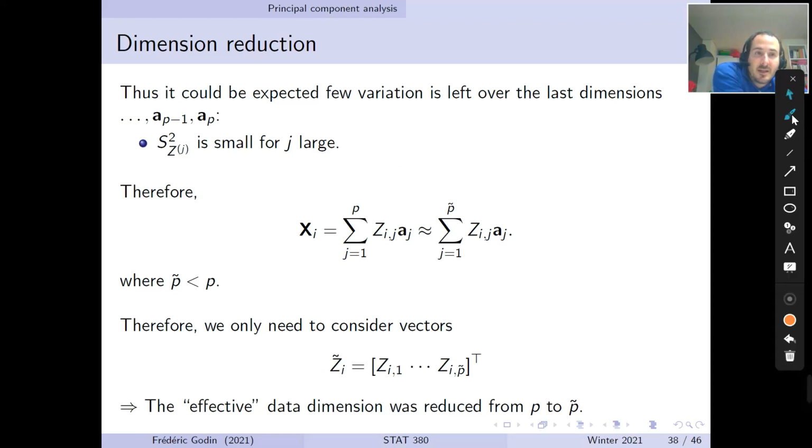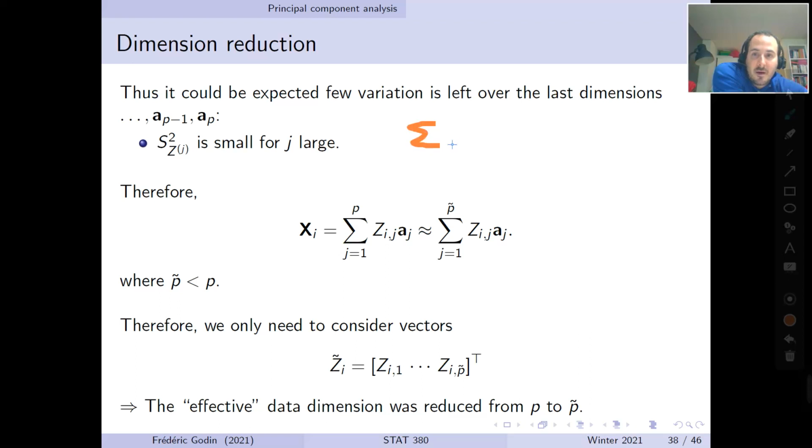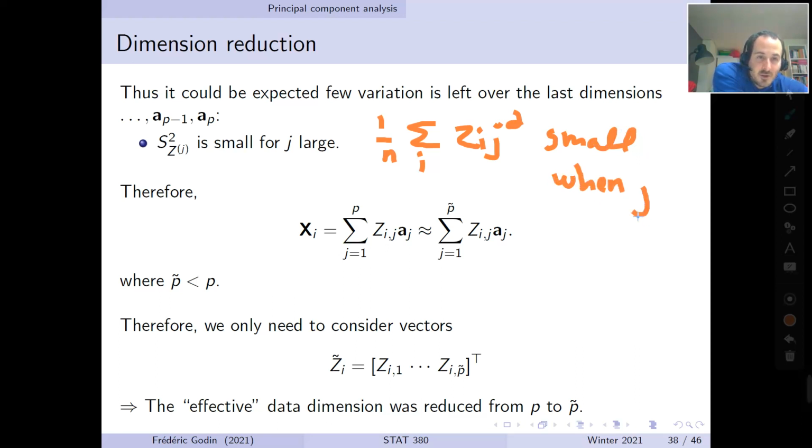Basically this entails that the sum over i of z_ij squared is small when j is large.